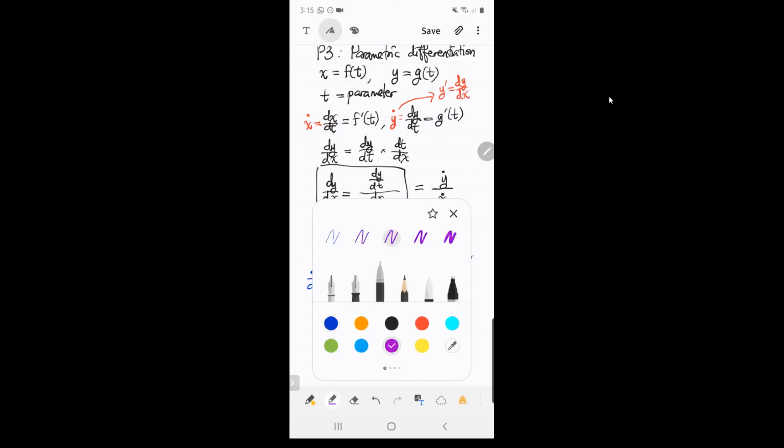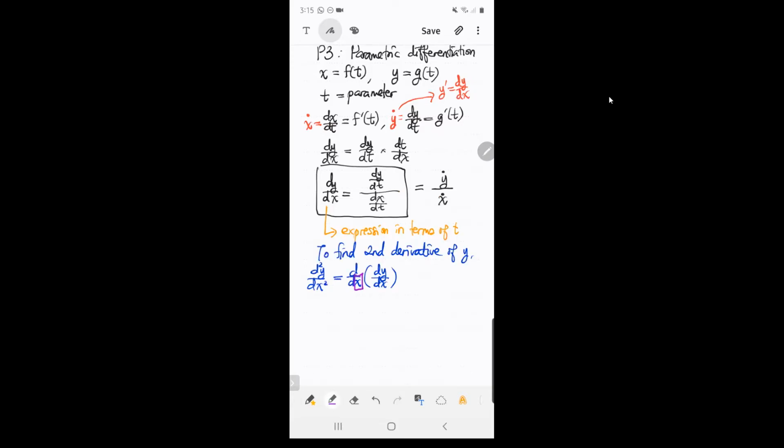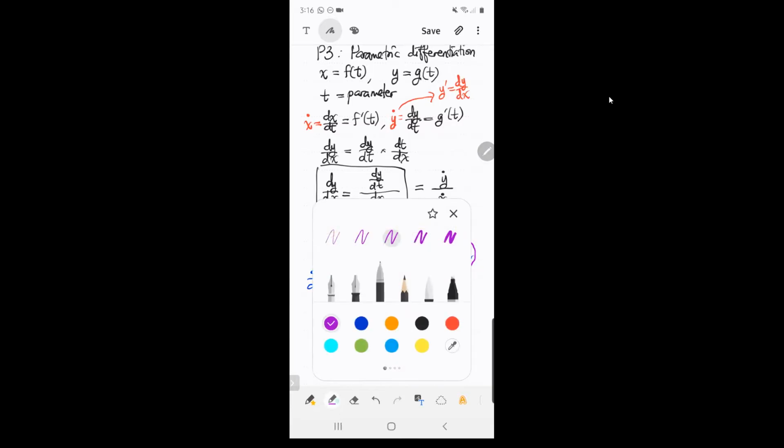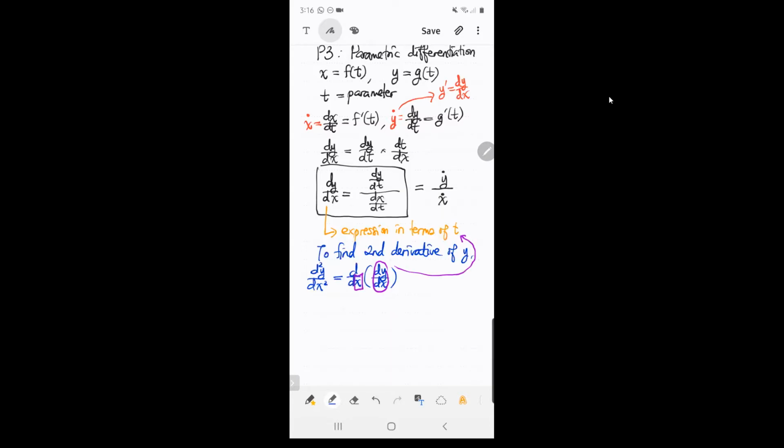So you take note of the variable here. Now you are differentiating with respect to x. But I told you just now, the dy/dx here is actually in terms of t. Therefore, if you differentiate the dy/dx expression, which is in terms of t, with respect to x, you cannot differentiate directly. So what happens now is, I use chain rule again.